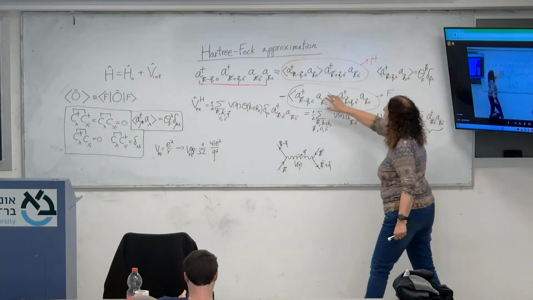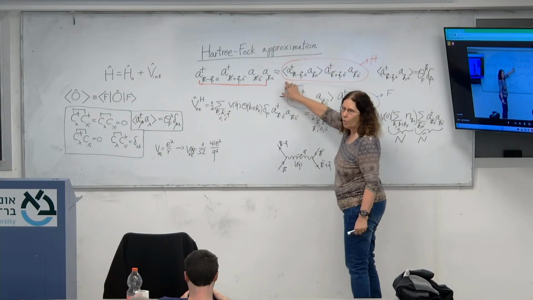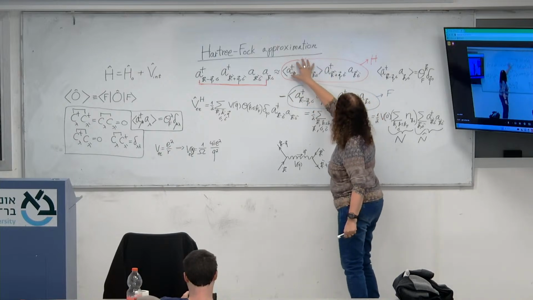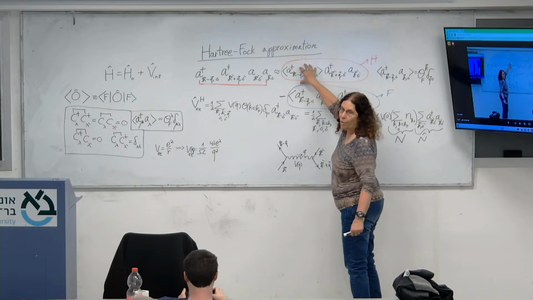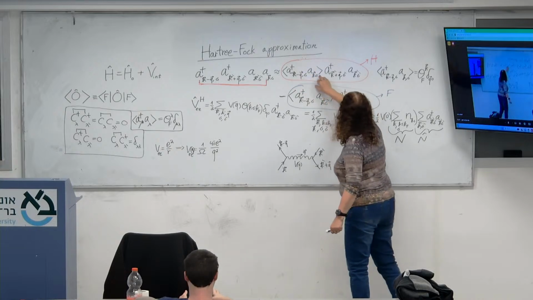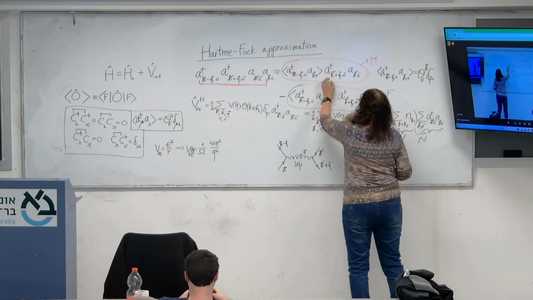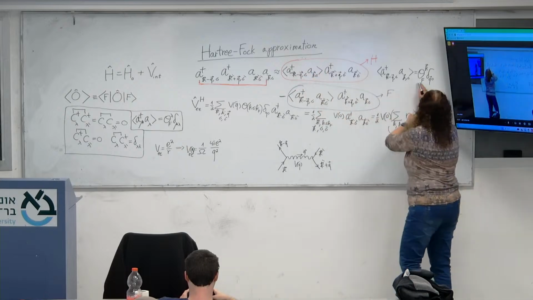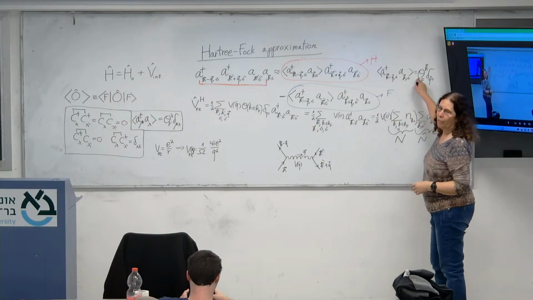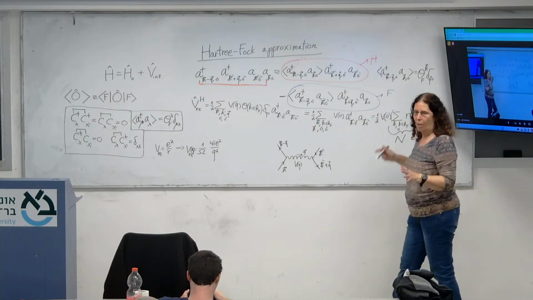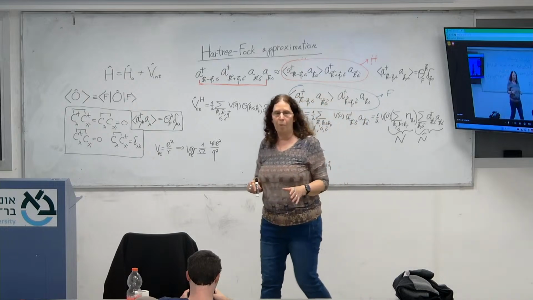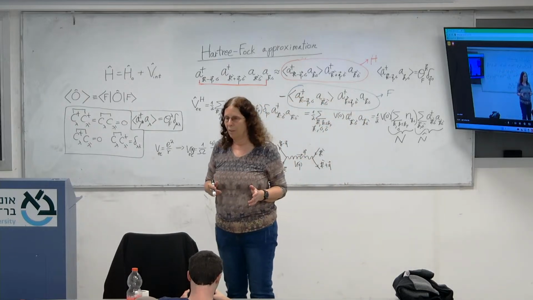In the Hartree approximation, this expectation value is what determines the weight of each term. So we have a non-zero contribution only from electrons that are occupied.